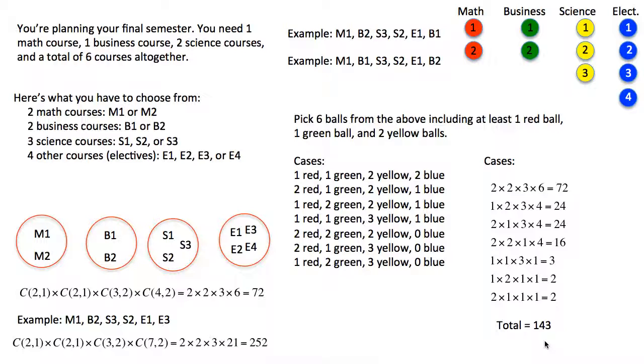We had already realized with these 2 incorrect solutions that we started out with, 72 was an undercount and 252 was an overcount because it counted some of the solutions multiple times. So I believe this 143 is a correct approach, which does give us the right answer to the original question.